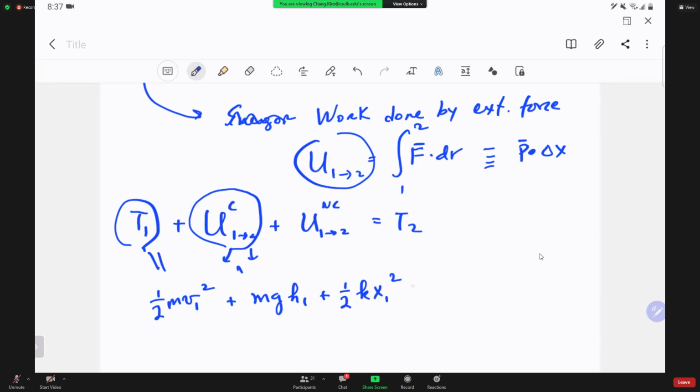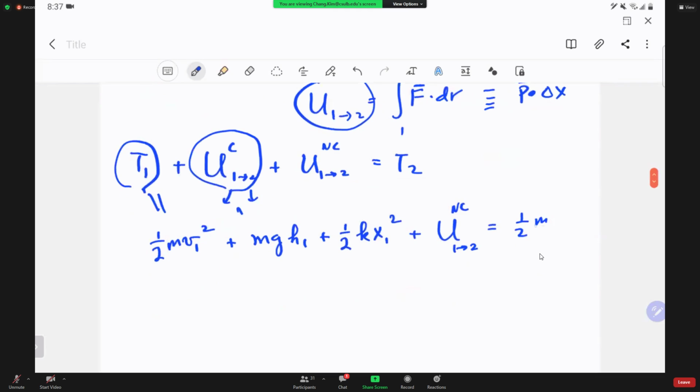Then the work done by the non-conservative forces is equal to 1/2 times m v2 squared plus mgh2 plus 1/2 times k x2 squared.